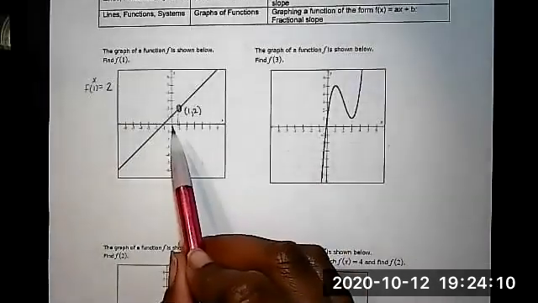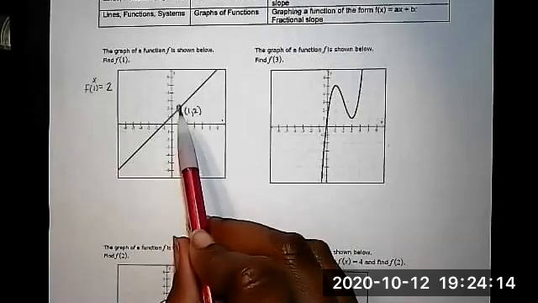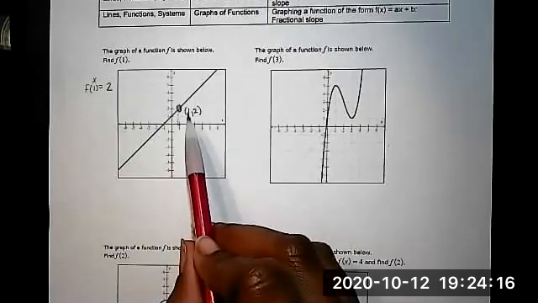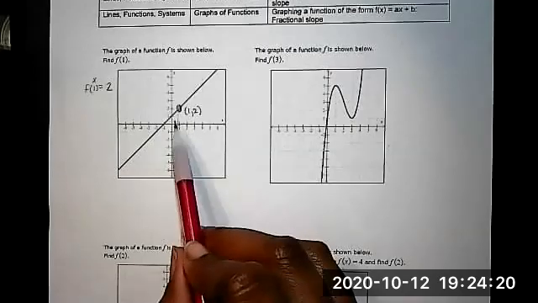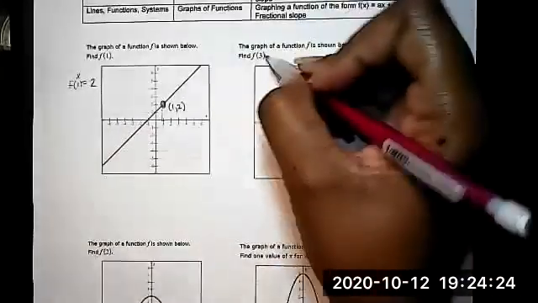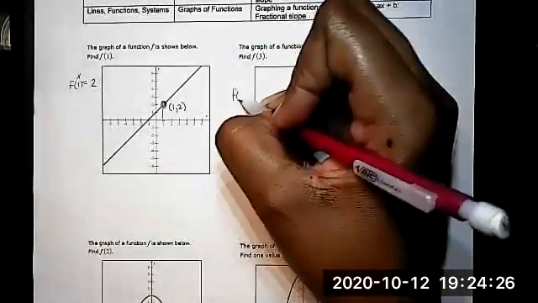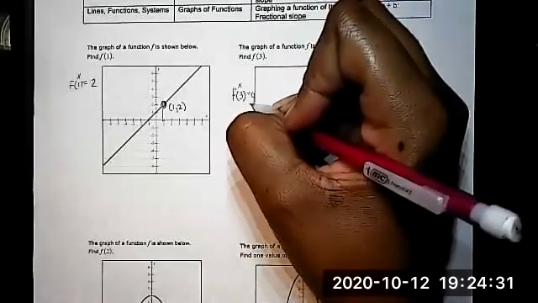Okay, so they're basically asking you, when my value is x, what is y? And this point is 1 for x. That's what they're saying. When x is 1, what is y? Y is 2. So I went up 2 back here. Okay, same thing here. They're saying, when my function is at 3, when my x is 3, what is my y value?